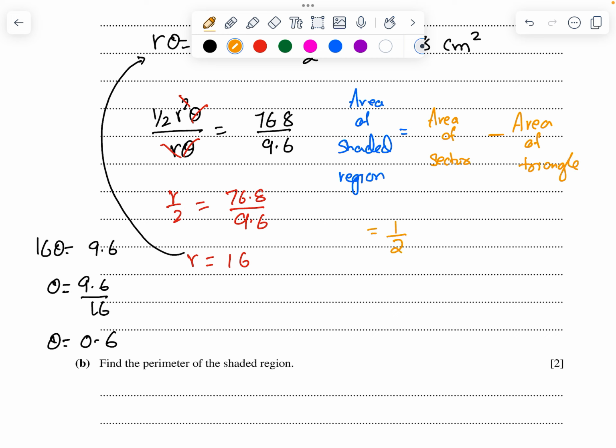Area of sector is half r square theta. Radius is 16 square, theta is 0.6, minus area of a triangle, which is half AB sine C. 16 times 16 times sine of the angle.